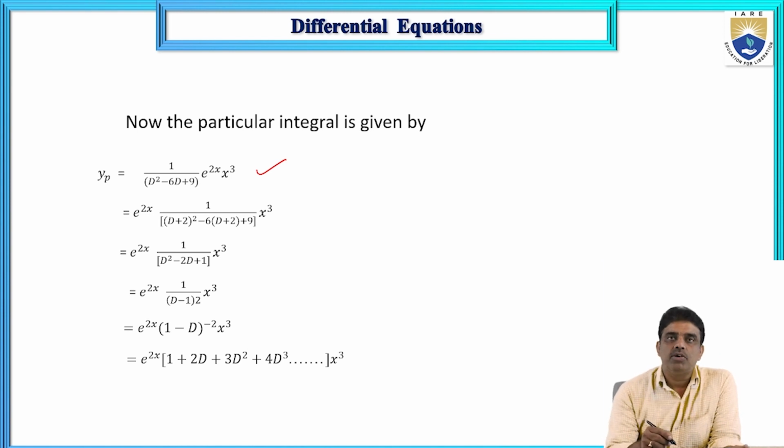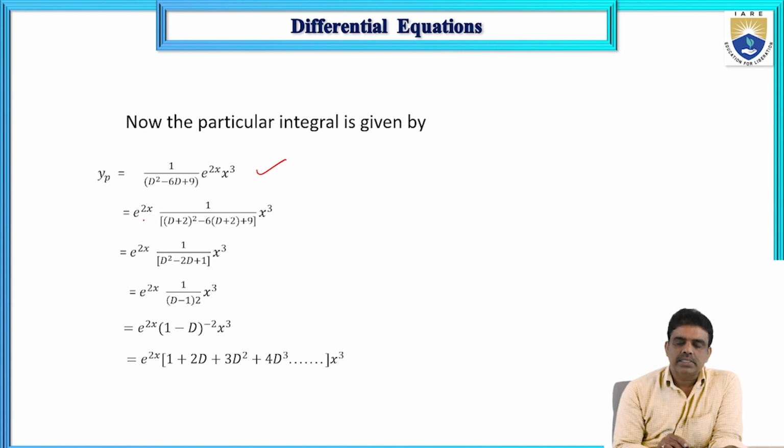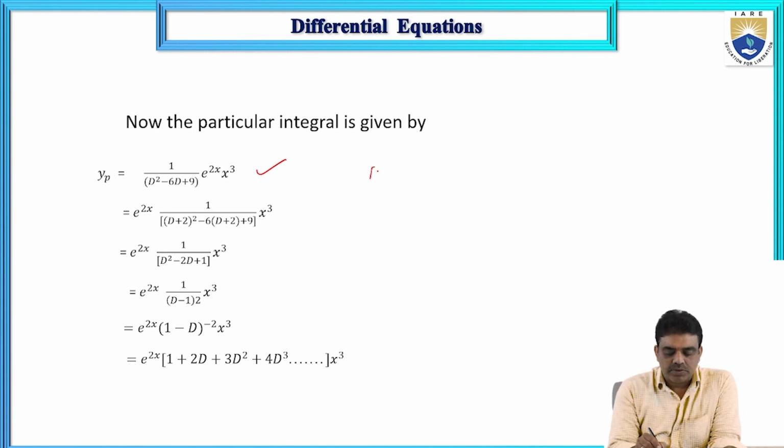In the first step, we have to replace d by d plus 2, and write e power 2x as the front term, e power 2x into 1 by, in place of d write d plus 2, that is d plus 2 whole square minus 6 into d plus 2 plus 9 of x cube. On expanding the denominator, it is d square plus 4d plus 4 minus 6d minus 12, and the last term, plus 9.